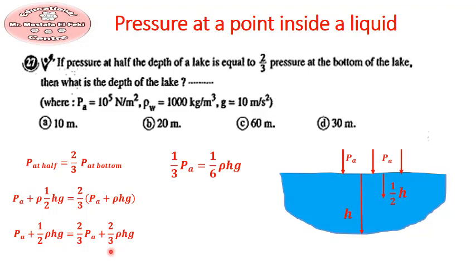Then by substituting, transfer 2 over 3 PA to the other side and half rho gh to the other side. Then third PA equals 1 over 6 rho gh. Then the height equals 2 times PA over rho g. We have the value of PA 10 power of 5, rho 1000, gravity equals 10, then the height equals 20 meters.